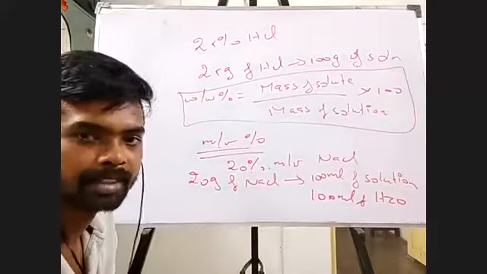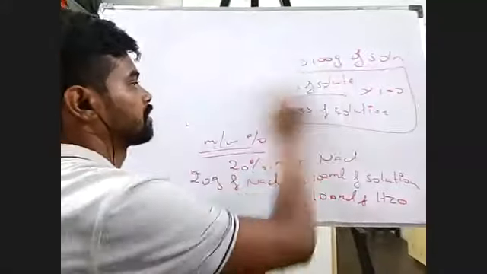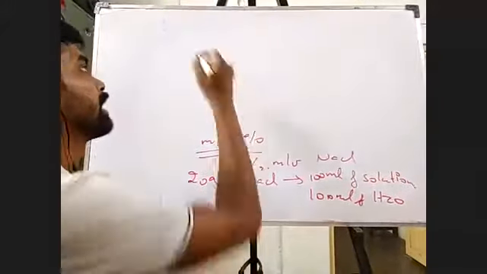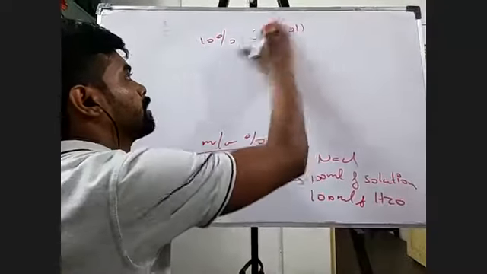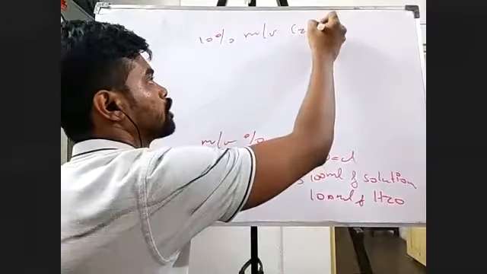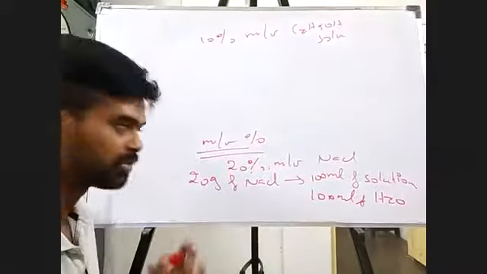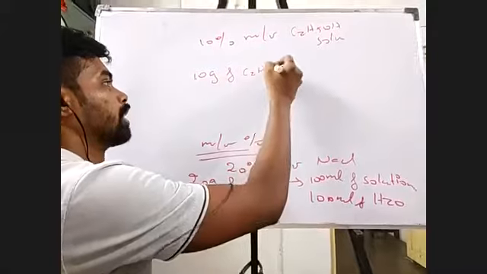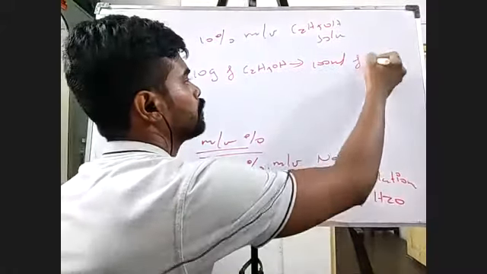It's the same. But for the same thing, for example, I say I have a 10% ethanol solution, C2H5OH, 10% M by V. This means I have 10 grams of C2H5OH dissolved in 100 ml of solution.